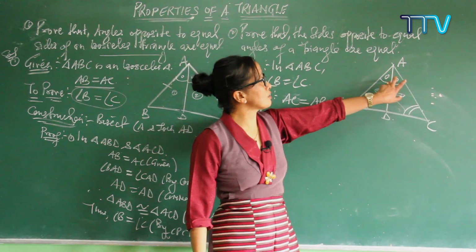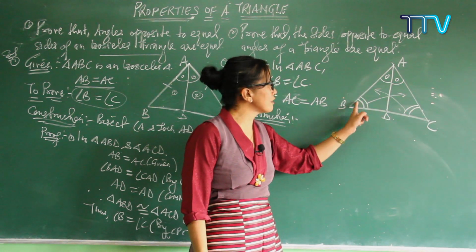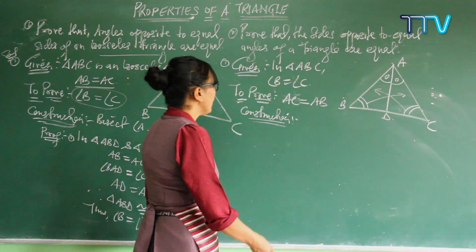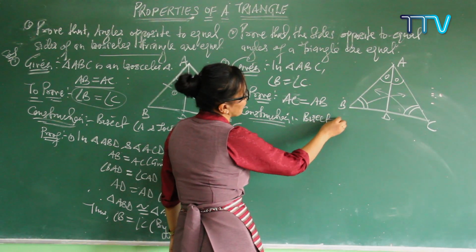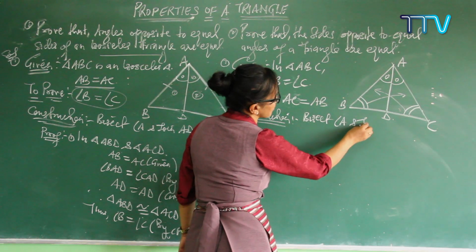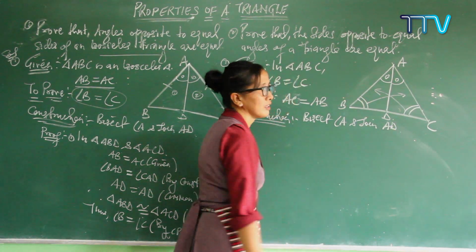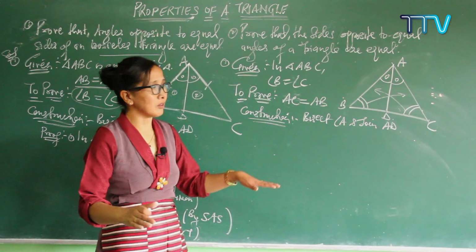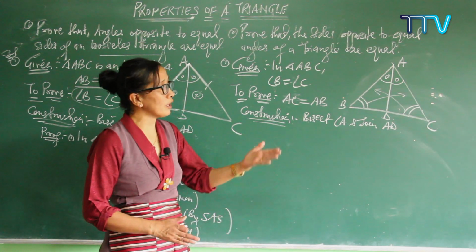This symbol shows that these two are equal, and here I just marked 2, which means these two are equal. Understood? And now write down the construction. Again bisect angle A, and join AD. You don't need to write it lengthy. Just write it in a shortcut way like this: bisect angle A and join AD.